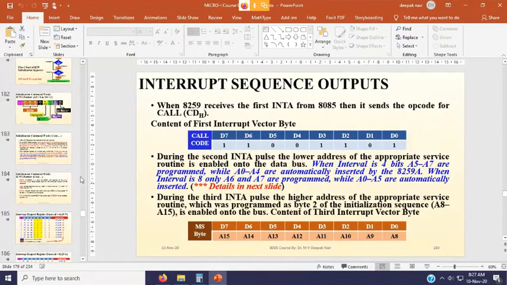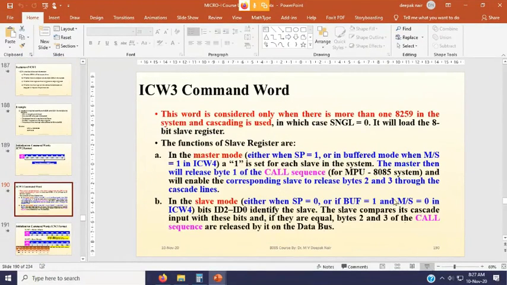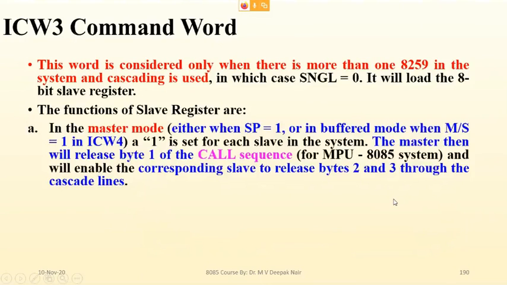What are the other ways? Remember, SP equal to 0 will make it slave. SP equal to 1 will identify that it is working as a master, or in buffered mode, when M slash S in ICW4.